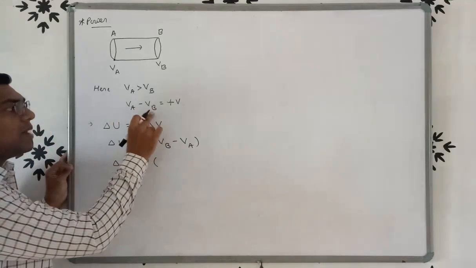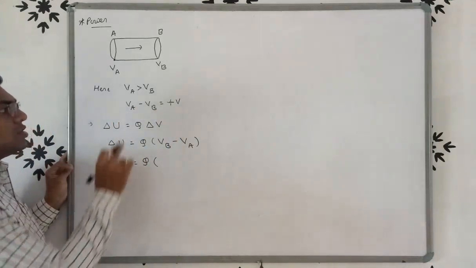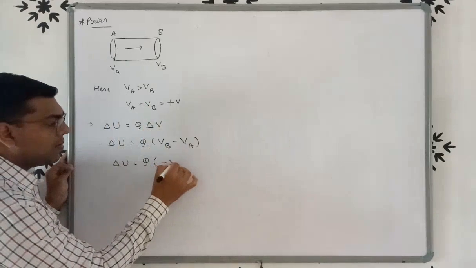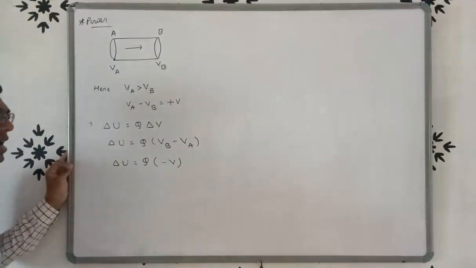Here we know that VA minus VB is plus V, so VB minus VA is minus V, right?